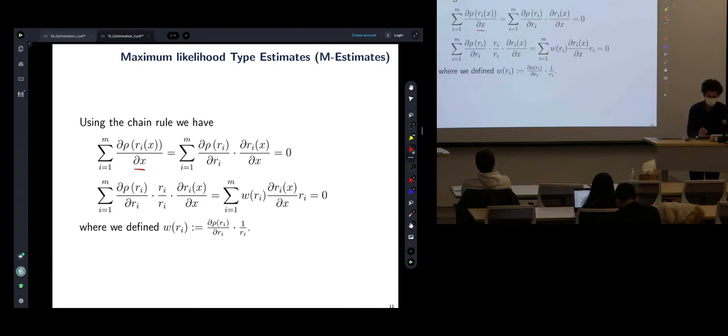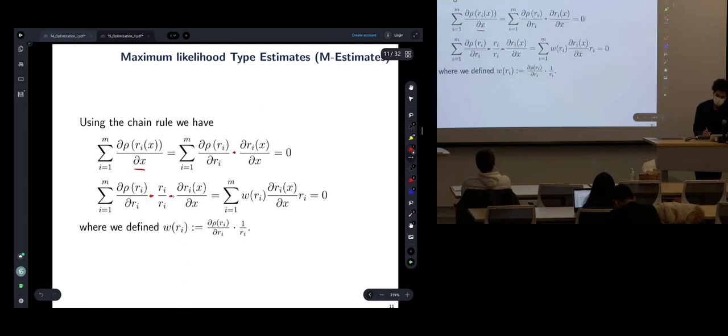Use the chain rule. By the chain rule, we know that this will be the partial derivative of rho, the robust kernel, times the usual derivative of the residual. Set this to 0.